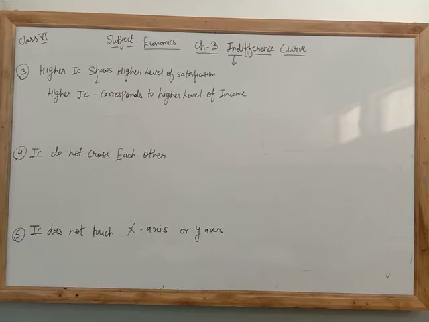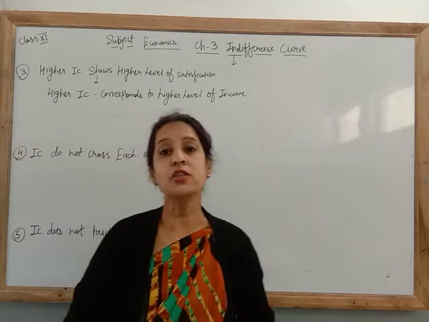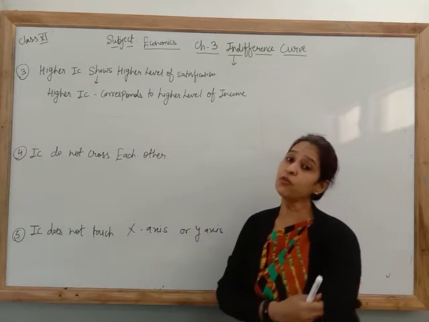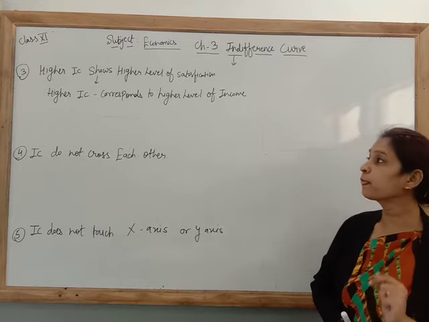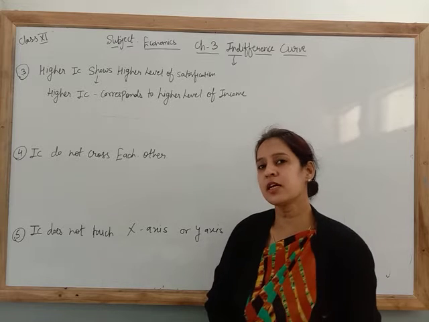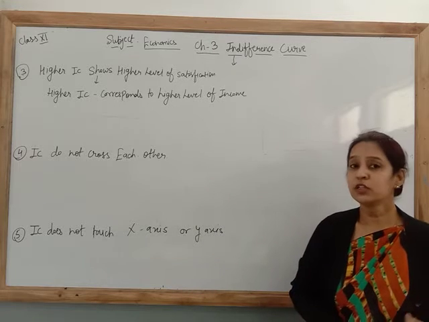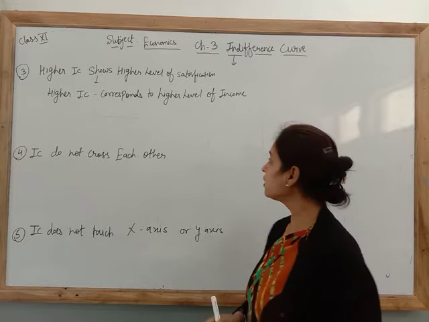If the IC is higher, it means definitely you are going to consume higher. And how are you going to consume higher? Due to a higher level of income. So when your consumption is higher, definitely the satisfaction will be higher. So due to this reason, a higher IC shows a higher level of satisfaction.